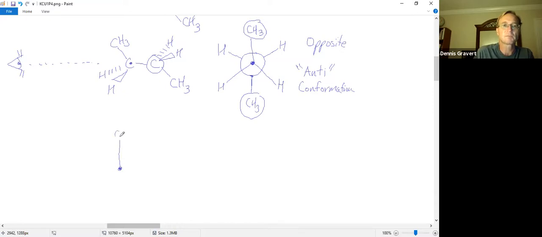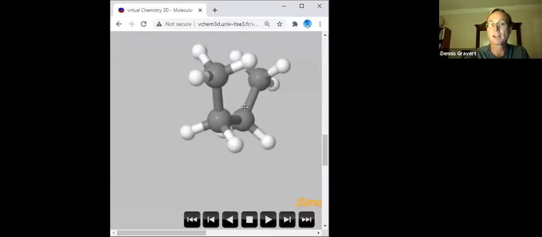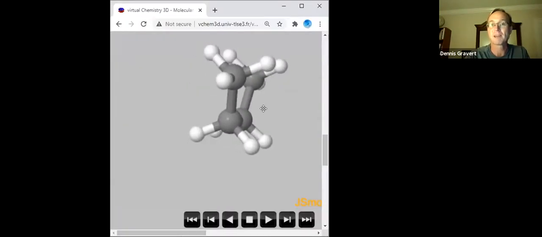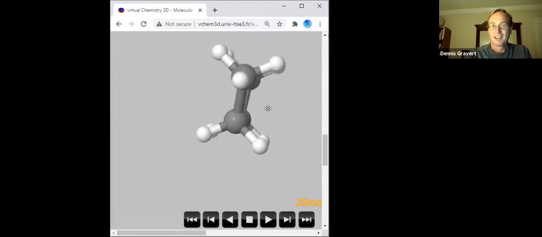Like that. And there's also one pointing down to the left, down and to the right. And then what about the orientation of the groups on the back carbon? The methyl group's also up. Hydrogens are down and to the left and right.